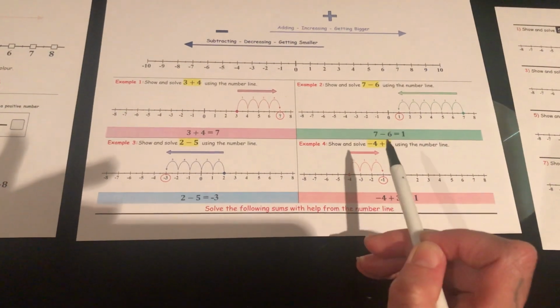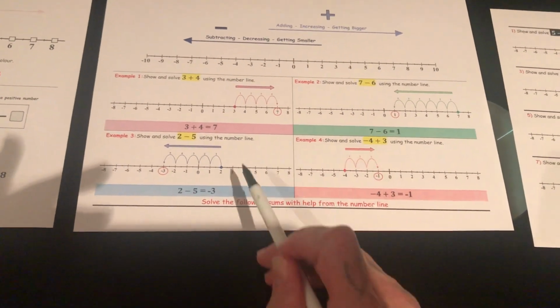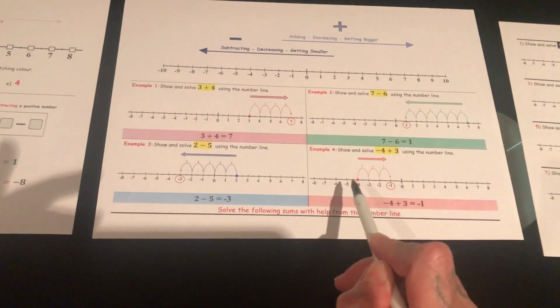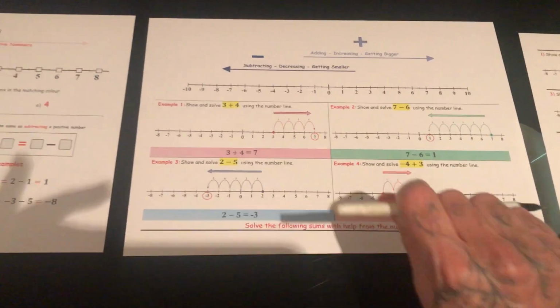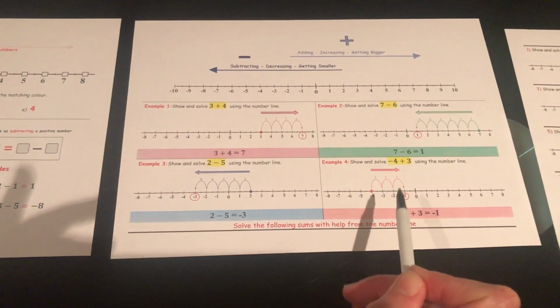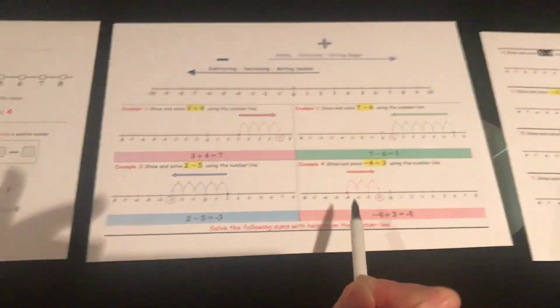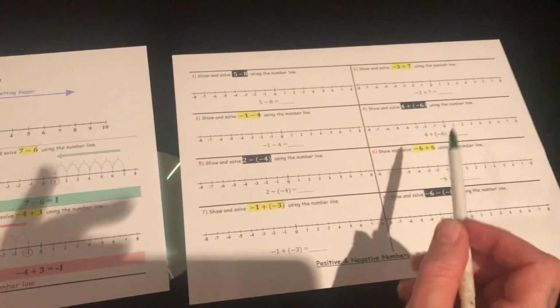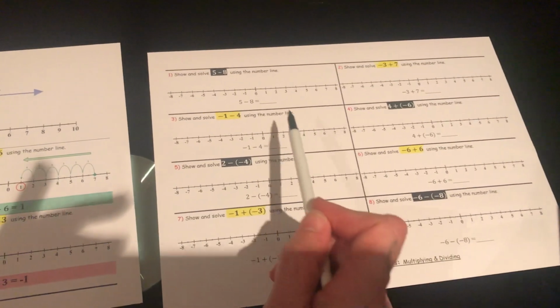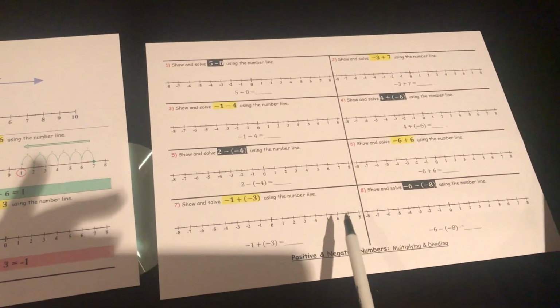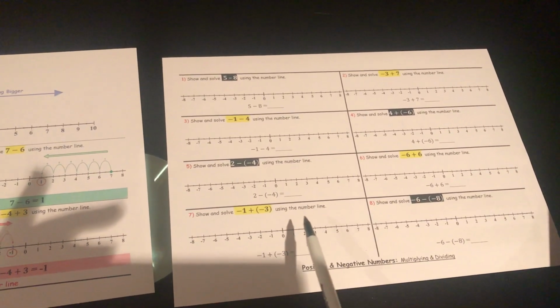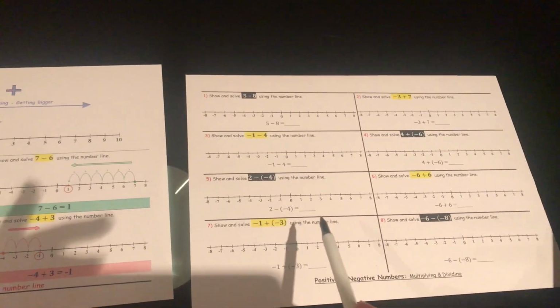Okay, and -4, the number in front tells you where to start, plus 3, 1, 2, 3, -1. Okay, so now you guys are going to do this one on your own. You've got number lines here that you can use. So you guys do this.